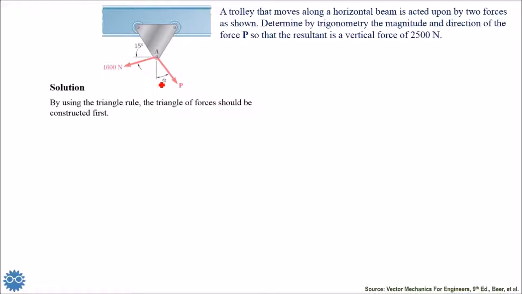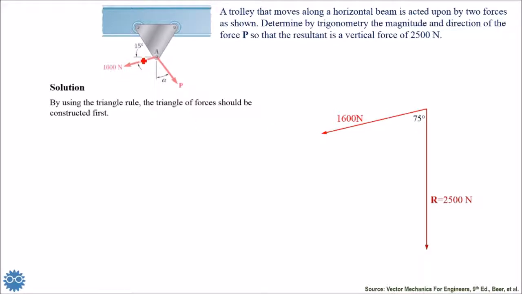And here all we have to do is to construct the triangle of forces. So first we start with the known value, which is the vertical resultant. Then we construct the known force, the 1600 newtons. Here the angle inside is 75 degrees. Notice, he gave us 15 degrees.